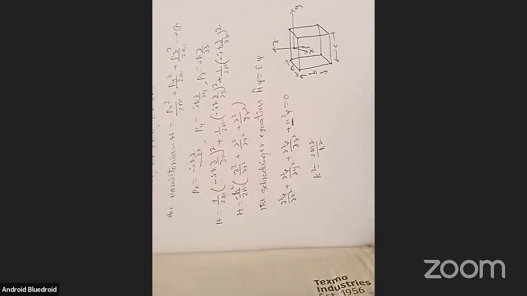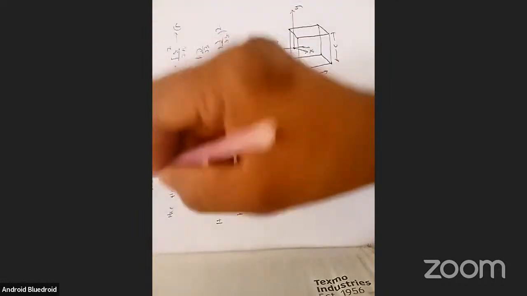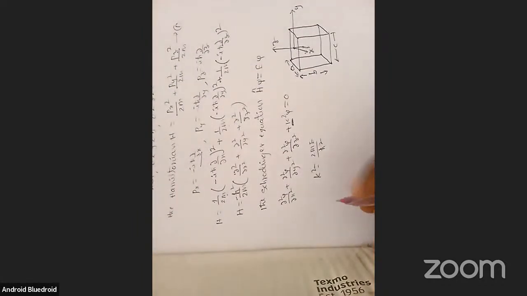Applying the variables separable method, we consider these values. Which value is the consider value? psi of x comma y comma z equal to capital X of small x into capital Y of y into capital Z of z.